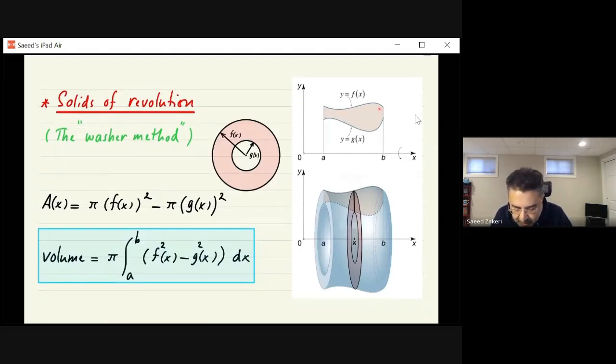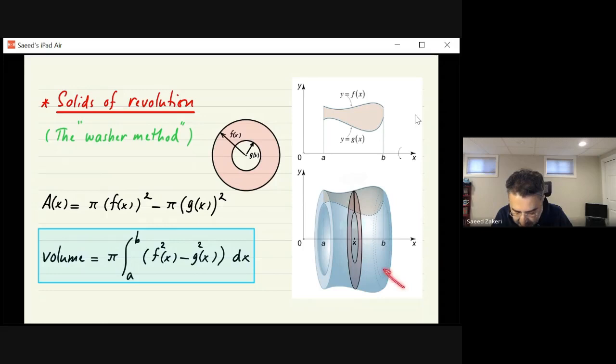What if my region is not bounded between the graph of f and the x-axis? What if my region is bounded between two graphs? Say the upper graph is f and the lower graph is g. What if I take such a region and then rotate it around the x-axis to get such a solid?